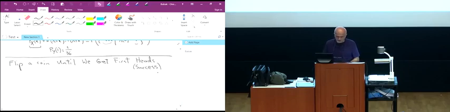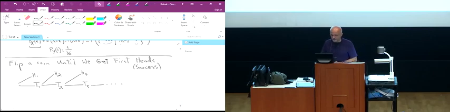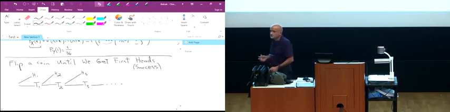Okay? So we flip it. If we get a head, we stop. If we get a tail, we continue. On the second trial, if we get a head, we stop, otherwise we continue. And this was the diagram. Okay, we don't know where it stops.